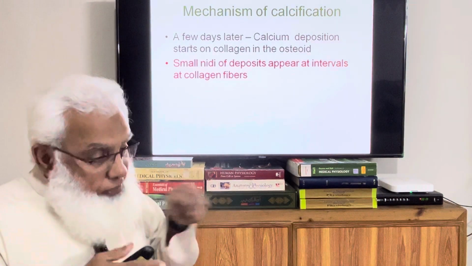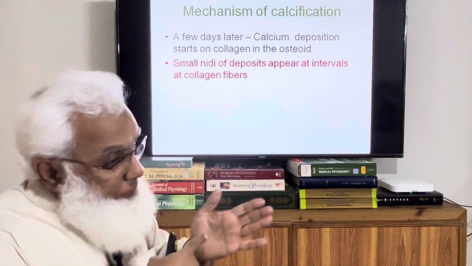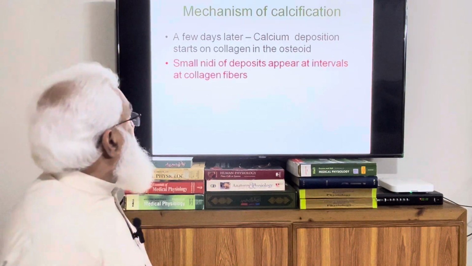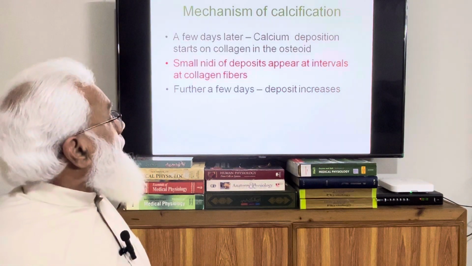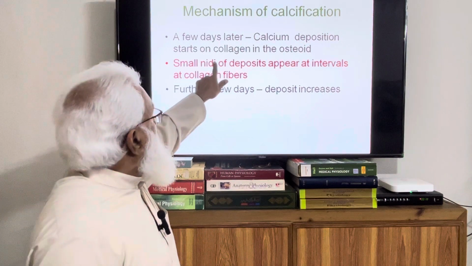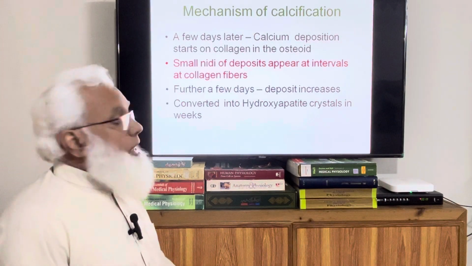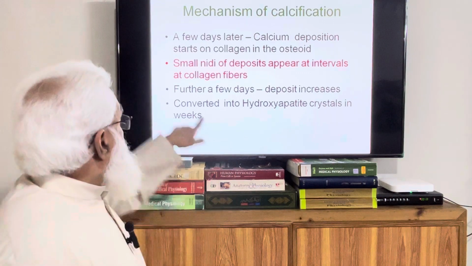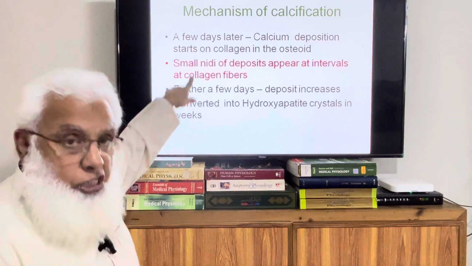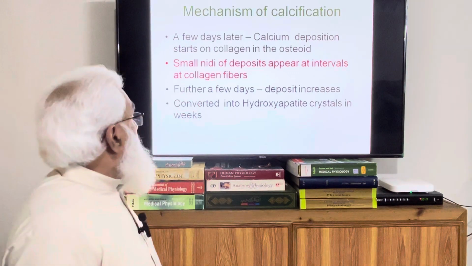At the 640 angstrom intervals of the collagen fiber, these calcium and phosphates are deposited, and over a few days the deposit increases. Initially there is a small nidus, and then it increases and is converted into hydroxyapatite crystals over weeks. Initially, an amorphous form of calcium and phosphate is deposited, then hydroxyapatite crystals are formed.